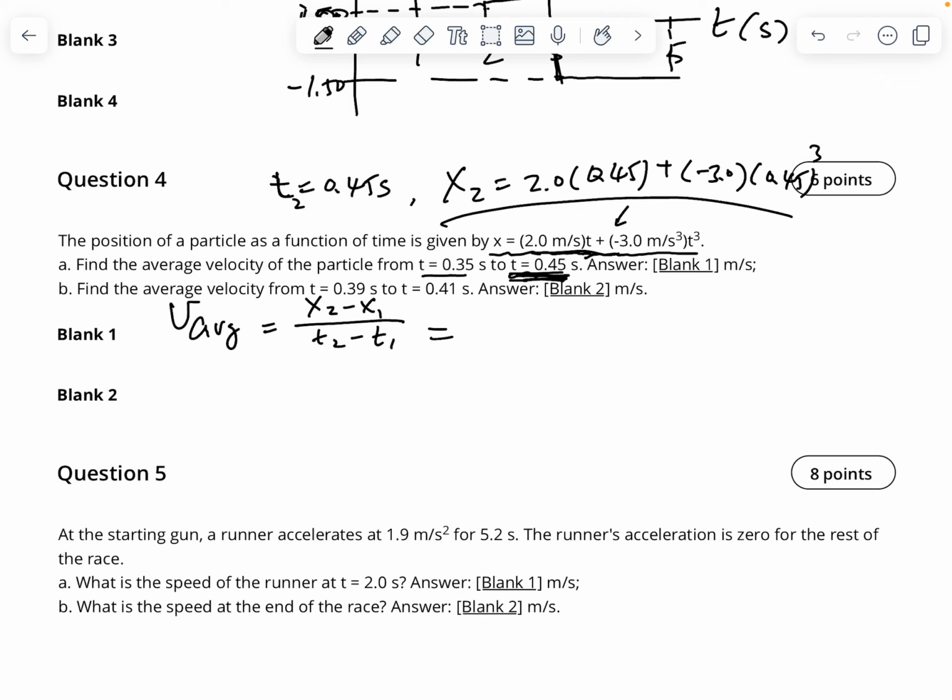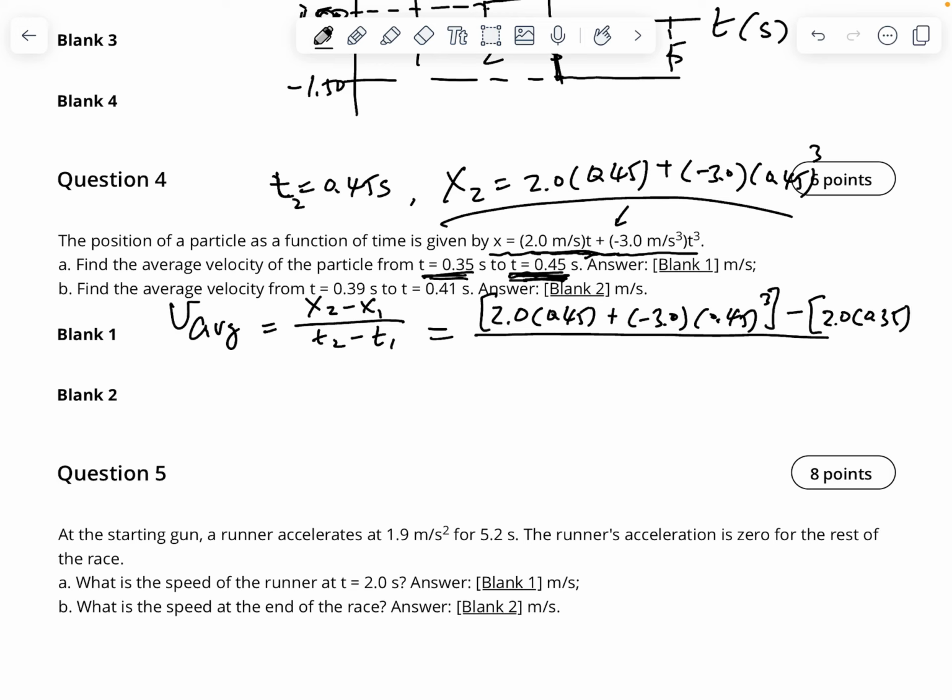Okay, so this is x2. Then you can also figure out x1. This is the time, and what is x1, right? So let's directly plug into this equation, right? So x1 equals 2.0 times 0.35 plus negative 3.0 times 0.35 cubed.